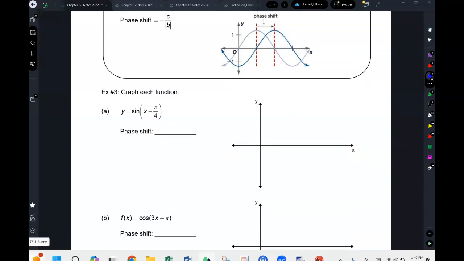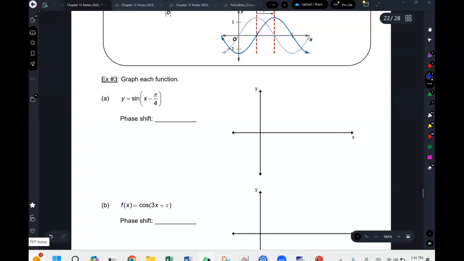So take a look at this one here. We have sine of x minus pi over 4. What is the amplitude of this one? 1. And what is the period of this one? 2 pi, because the coefficient of x is 1, right? It's 1x, so b is 1, so the period is 2 pi. Okay, to find the phase shift, you take this and you set it equal to 0, and then you solve it.